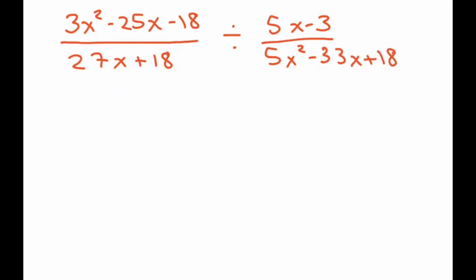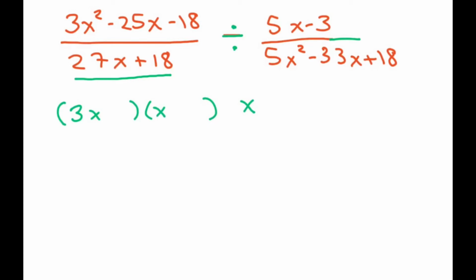All right, and the second one is this one. It's got a lot of factoring involved with this. So let's just go ahead and factor it. And remember, in grade school, when you had a division, what we're going to do is we're going to keep, change, and flip. So we're going to do that here. The first part we're just going to keep, so let's factor that. We're going to have a 3x and an x.